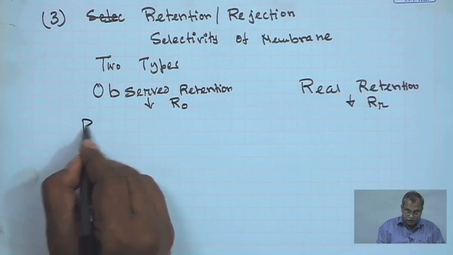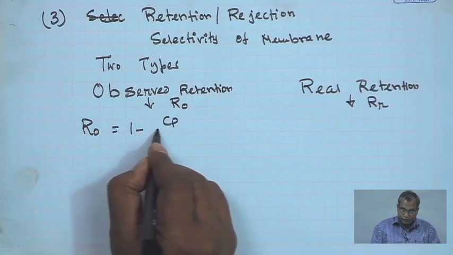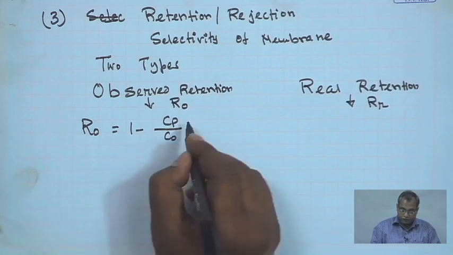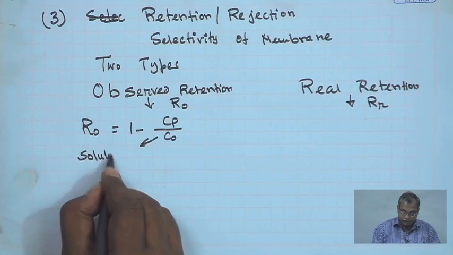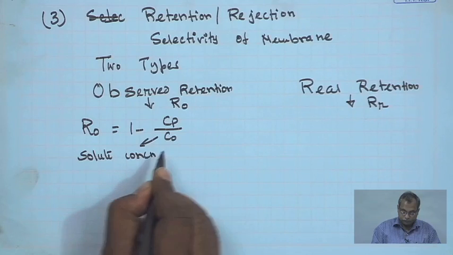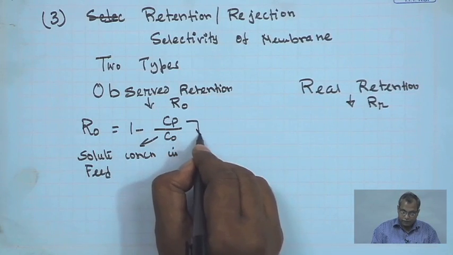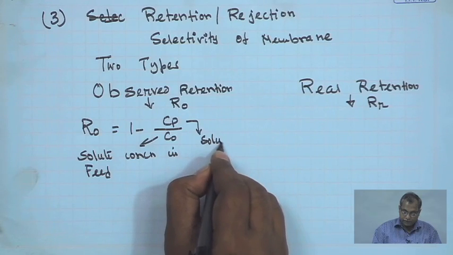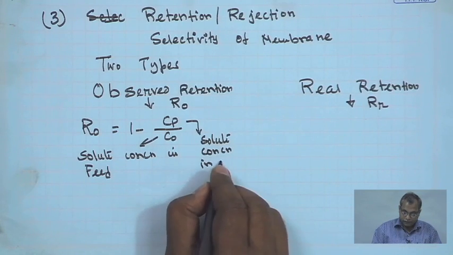So, what is R naught? R naught is defined as 1 minus Cp divided by C naught. C naught is the solute concentration in the feed. Cp is the solute concentration in the permeate.